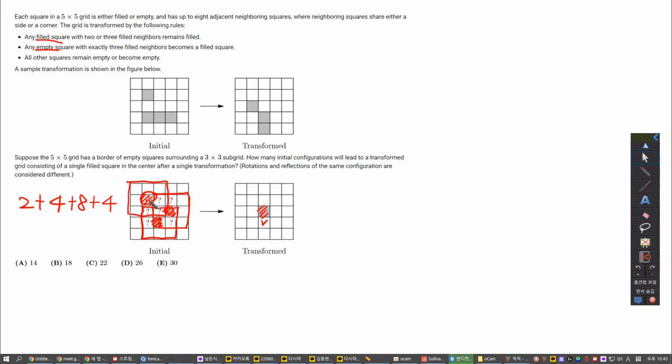And this one will also be empty because it has 0 filled neighbors, but the center is filled. So this one also works. And we can rotate this 90 degrees, so 4 more. So now let's sum these 5 numbers. 22. Yeah, 22 is the answer.